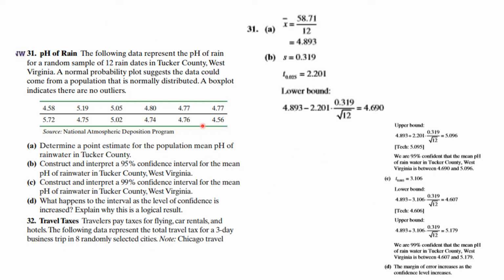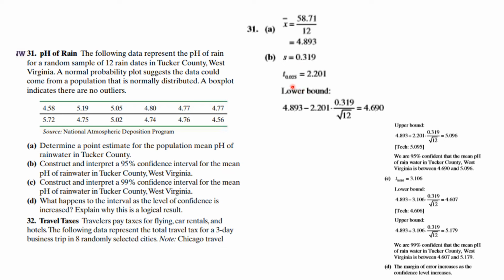Okay, I have these data points, and it looks like I have 12 of these, so x bar, I need that. So I find the average of those, and you should have gotten 4.893. You also should have calculated the standard deviation of this sample, which is 0.319.